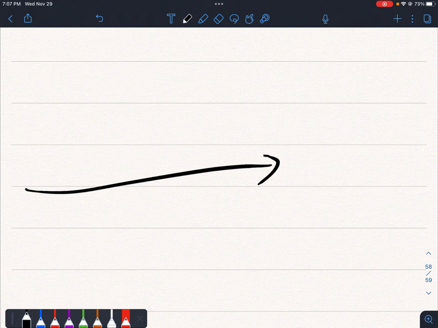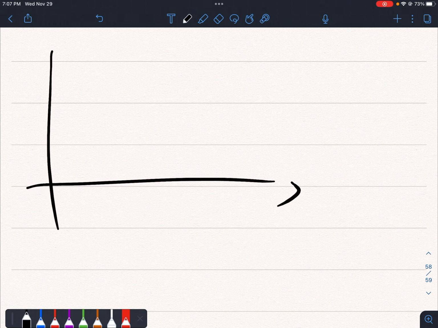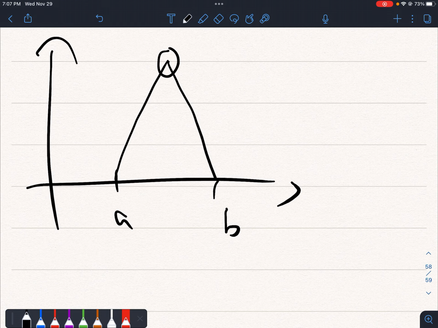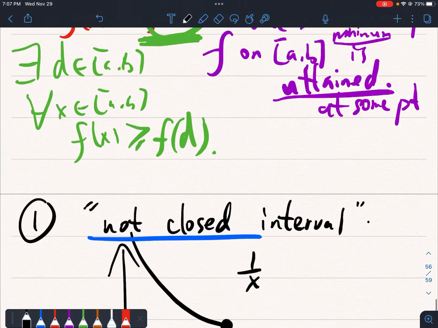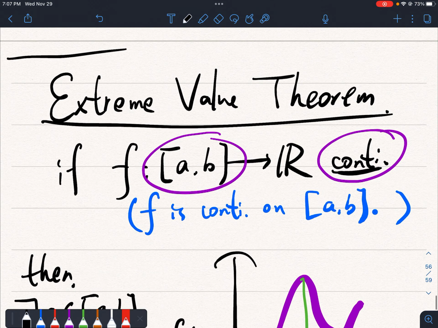Here it's not continuous at A and B. Okay, and also you can have a million counterexamples. For example, from A to B, let's say this will go up and then go down. At this point, it's not attained. It becomes something smaller. Then the maximum is not attained. So you can see that the continuity matters at every point.